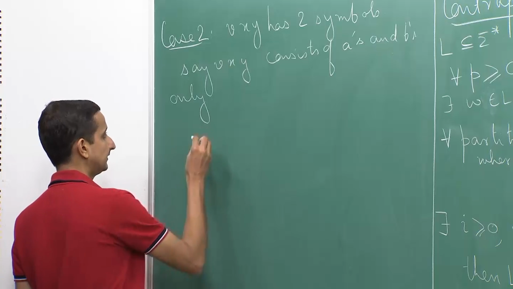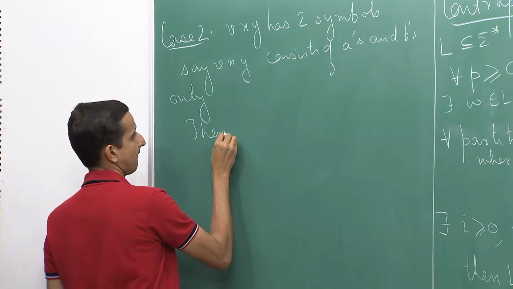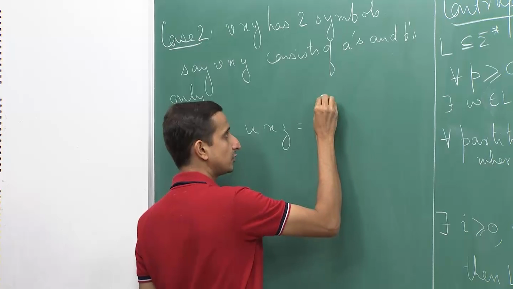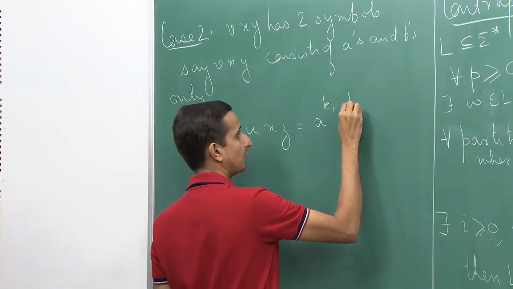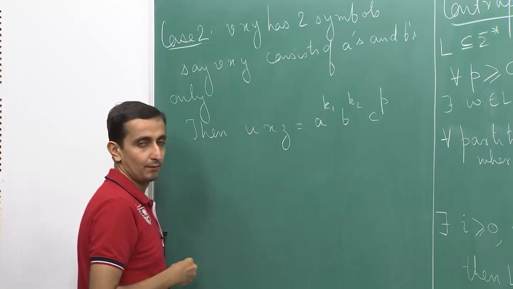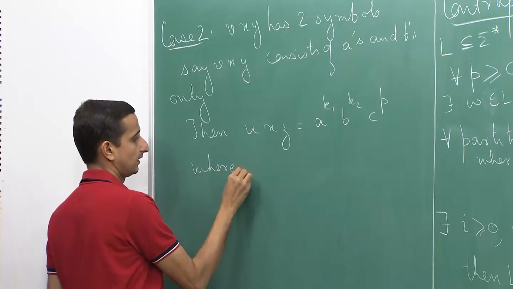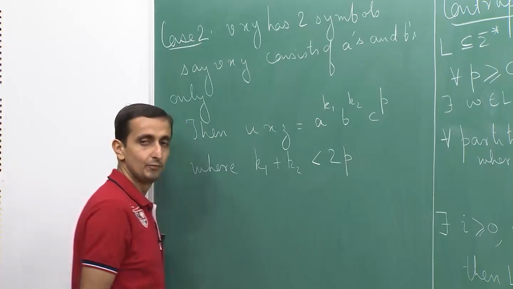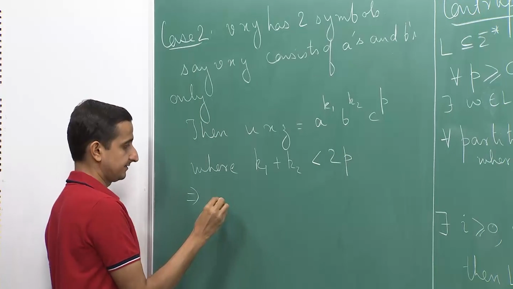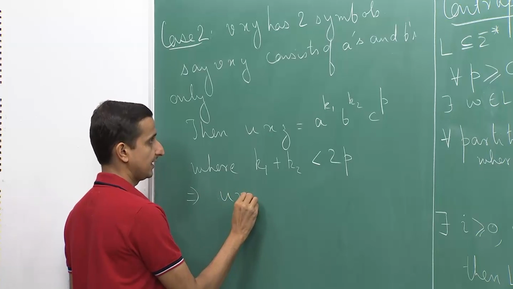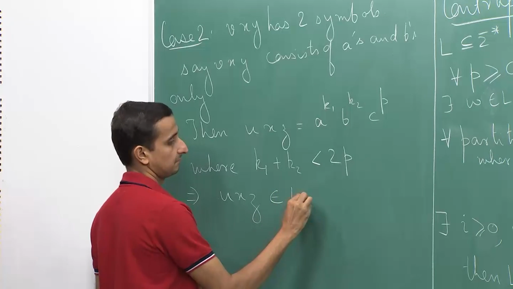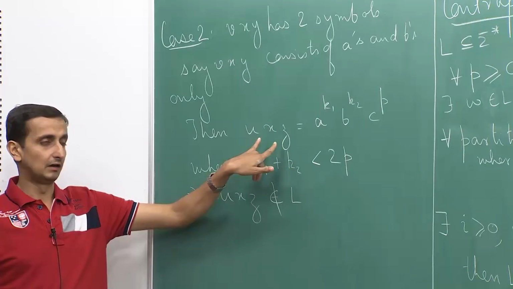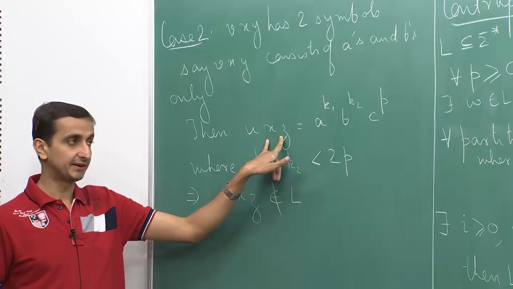Then uxz has the form a to the power k1, b to the power k2, c to the power p, where k1 plus k2 is strictly less than 2p, which implies that uxz is not in the language L. Because once again v and y, at least one of them has length strictly greater than 0.